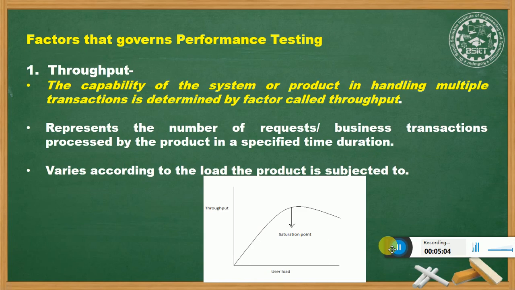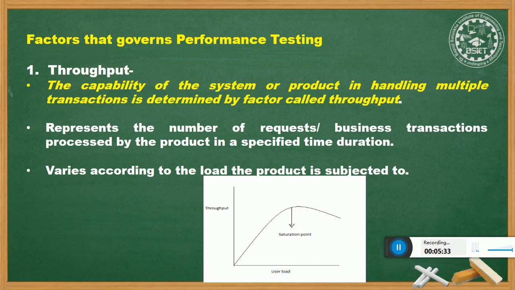The first factor is throughput. Let's see what we mean by throughput. The capability of the system or product in handling multiple transactions is determined by a factor called throughput.